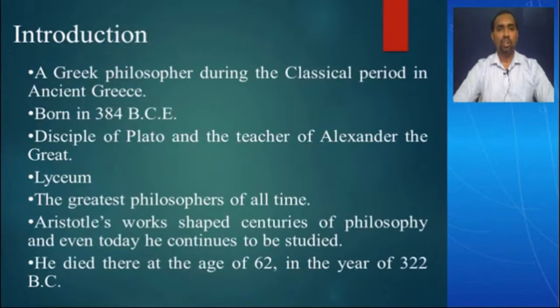Aristotle was a Greek philosopher during the classical period in ancient Greece. He was born in 384 BCE in the Macedonian region of northeastern Greece in the small city of Stagira, and that is why he is called a Stagirite. Two additional popular points regarding Aristotle: he was the disciple of Plato, but you should also remember that he is famous for rejecting Plato's theory of forms, and more than that, he was also the teacher of Alexander the Great.